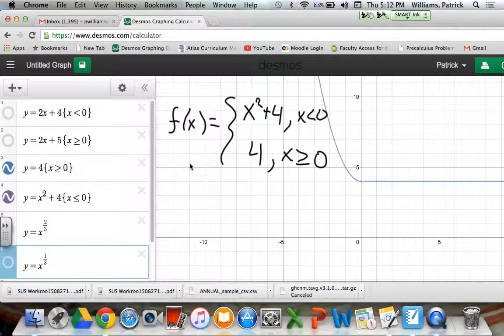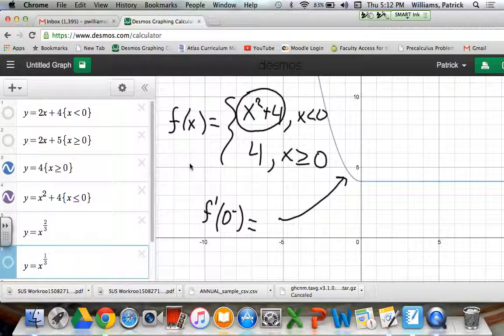So our function is continuous at this particular point, and if we look at the derivative here, f prime of 0 minus would be equal to what? Well, if the function is x squared plus 4, that implies the derivative, we know the power rule now, is 2x. So f prime of 0 minus would be 2 times 0, which is basically just 0.